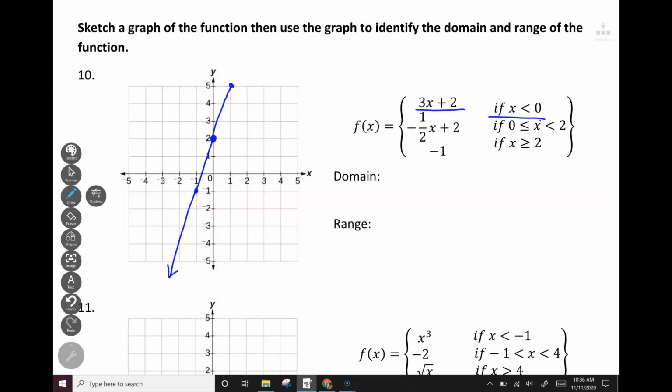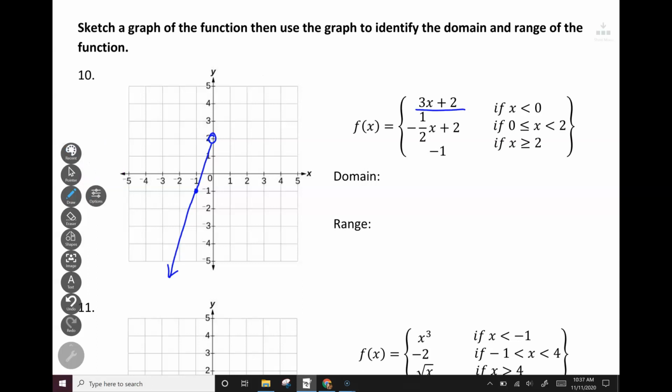However, it says only if x is less than 0, so I have to erase this part of the line. Also, since it says just less than, not equal to, at 0 I need to have an open circle for this line. Okay, so that's how you graph 3x plus 2, only for x less than 0.